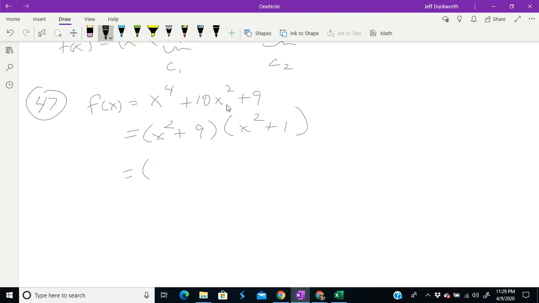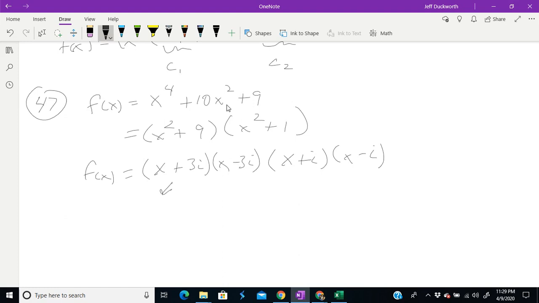So this is going to be x plus 3i times x minus 3i. That's our first product. Our x squared plus 9 equals that. And then x squared plus 1 becomes x plus i times x minus i. So this is our function written as a product of x minus a complex number.